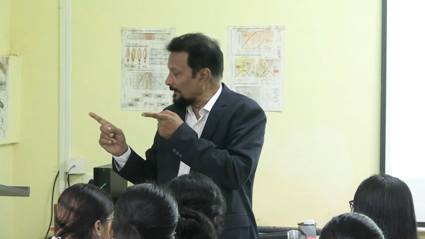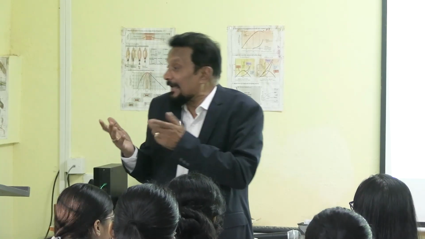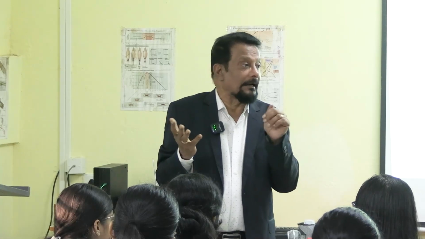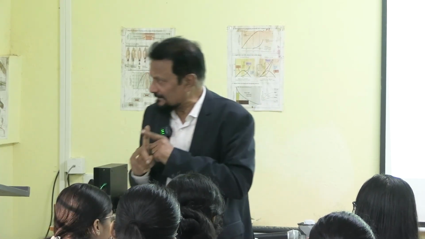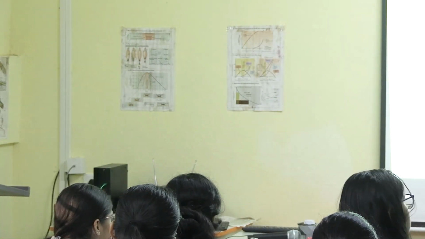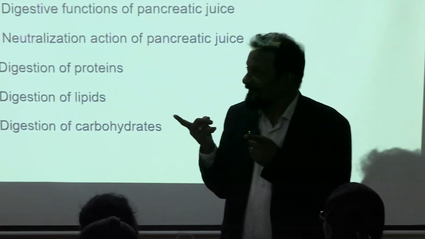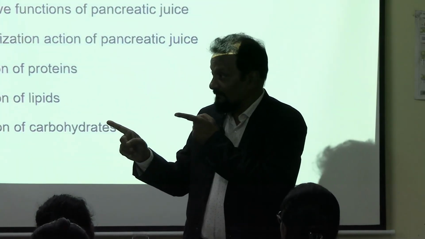Because of this obstruction, the function of trypsin inhibitor is, if by any means trypsinogen becomes trypsin, immediately trypsin inhibitor will inhibit it.